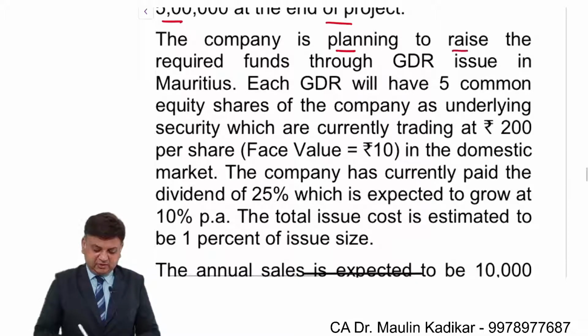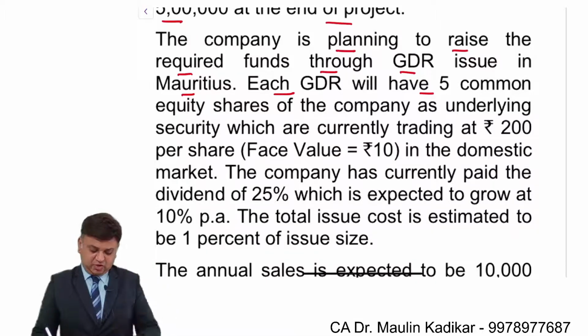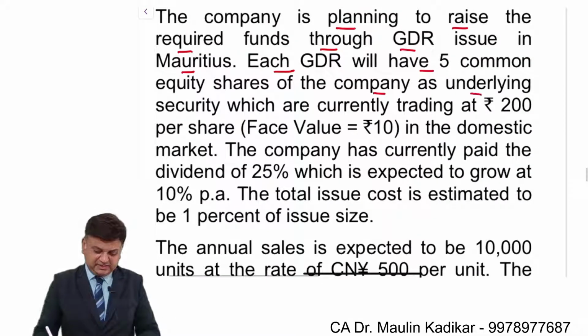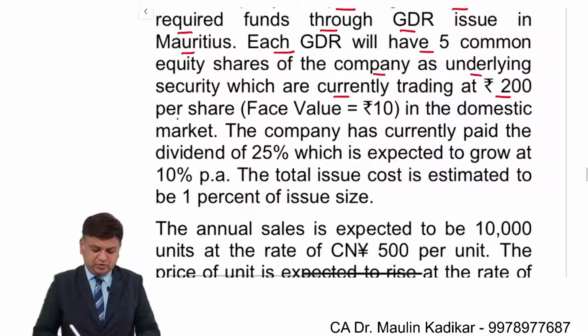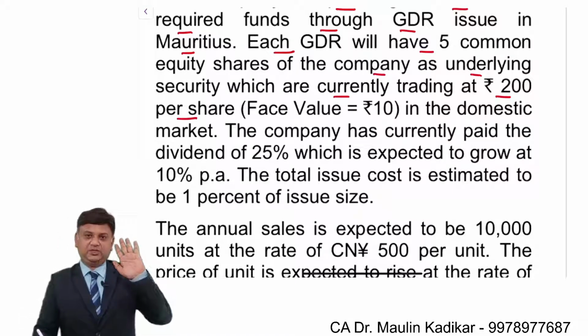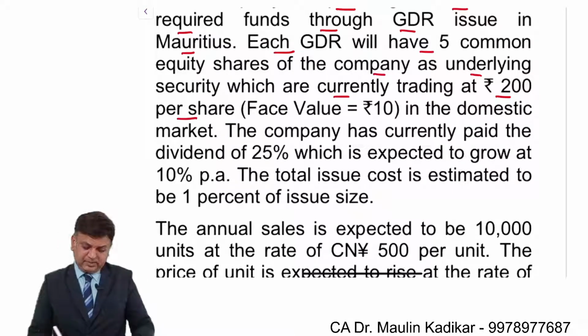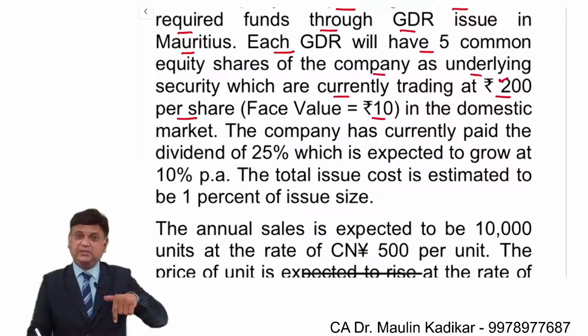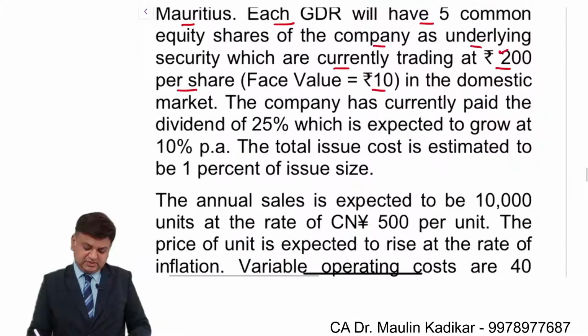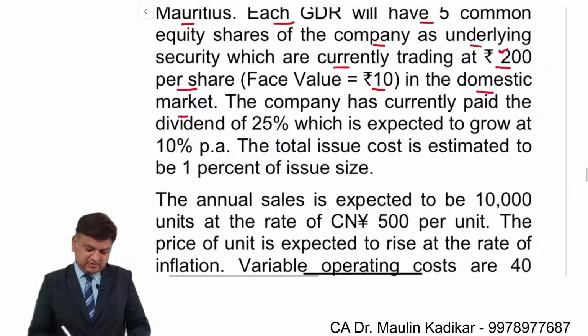The company is planning to raise the required funds through GDR issue in Mauritius. Each GDR will have 5 common equity shares of the company as underlying security, which are currently trading at the rate of 200 rupees per share. So over here 1 GDR is equal to 5 equity shares. Face value is 10, and the current market price of the equity share is 200 rupees in the domestic market.